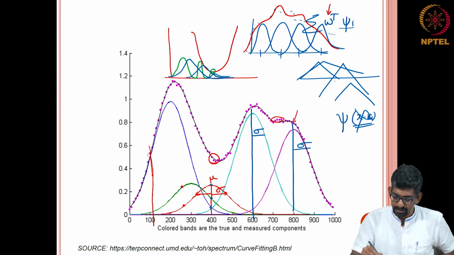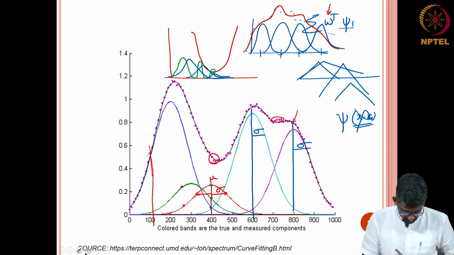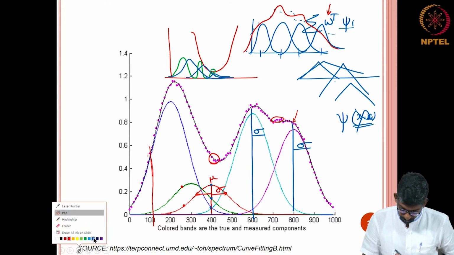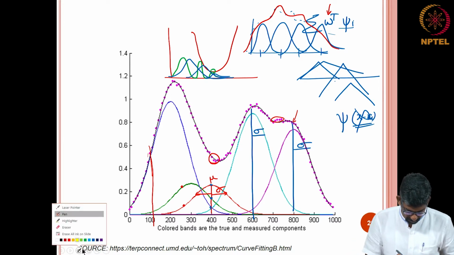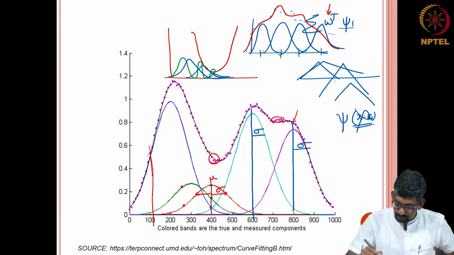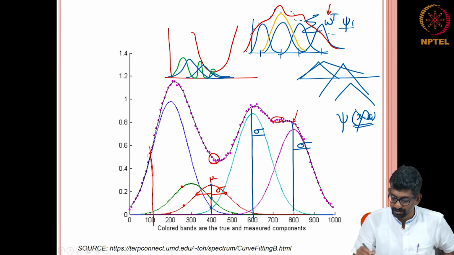Then for the second one, it will say probably you need to increase a little bit more. For this one, it might say let us go up a little bit so that you can capture this peak. And then for this one, it might say do not go that far, just go this much, it is enough.